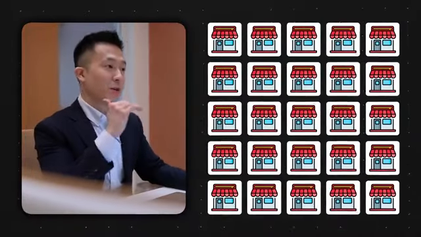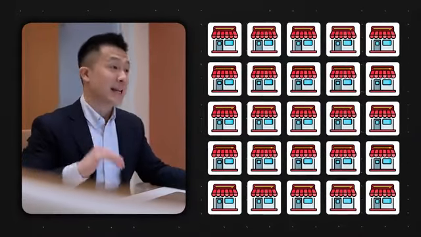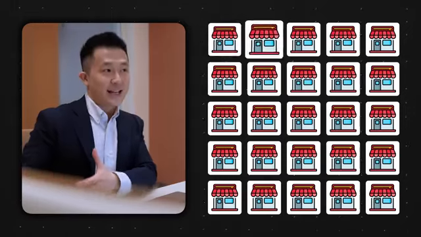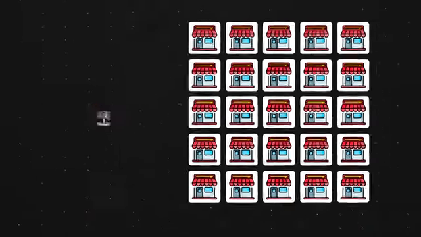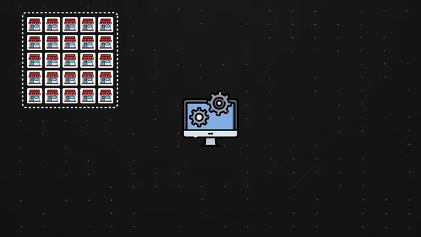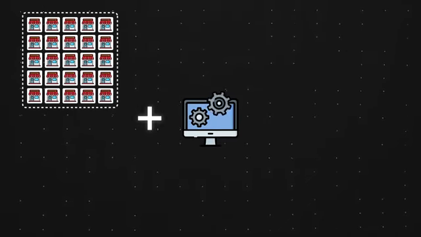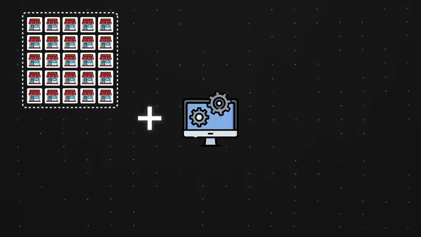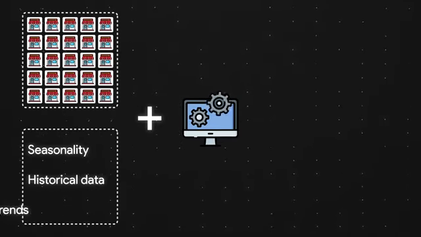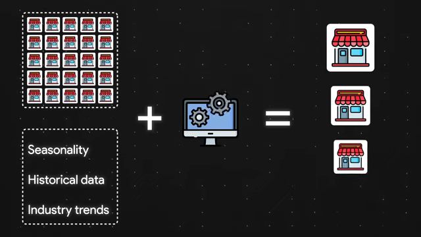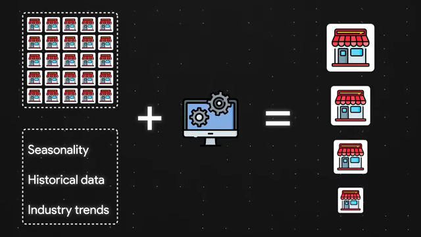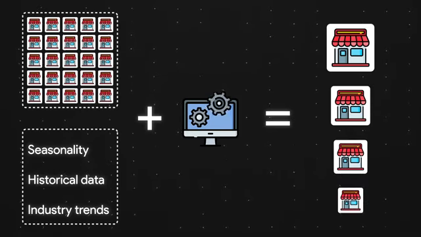For example, when I was in the sales team, I managed over 200 clients every quarter, and performing research on every single one was obviously time-consuming. Nowadays, there are custom AI solutions that can ingest all the information about those 200 clients, take into account factors like seasonality, historical data, and industry trends, and rank those clients by how likely they are to need assistance, helping the salesperson prioritize their time.